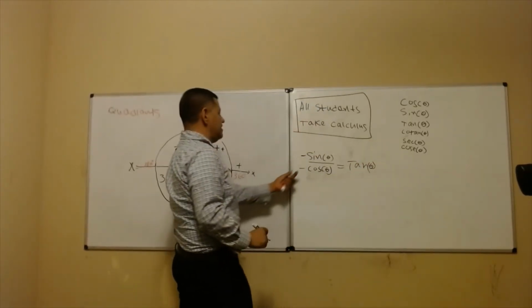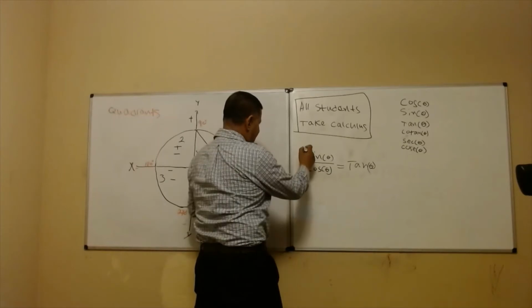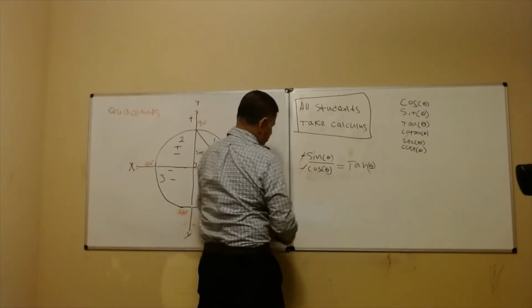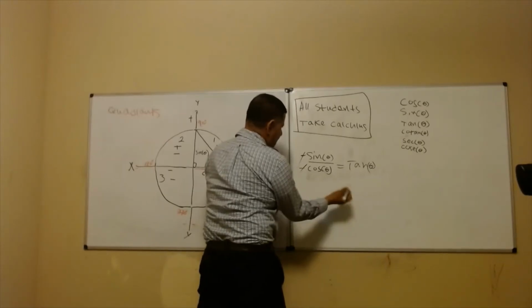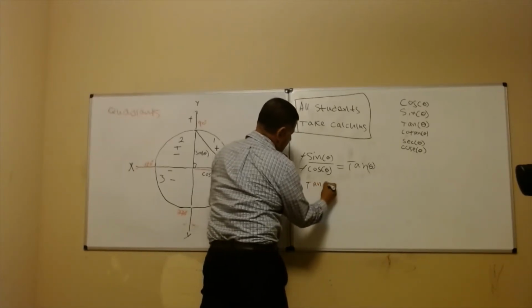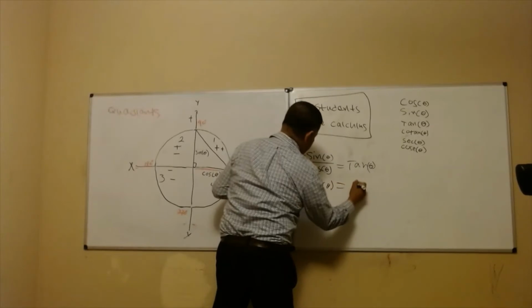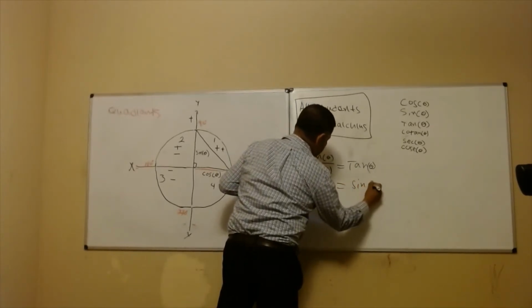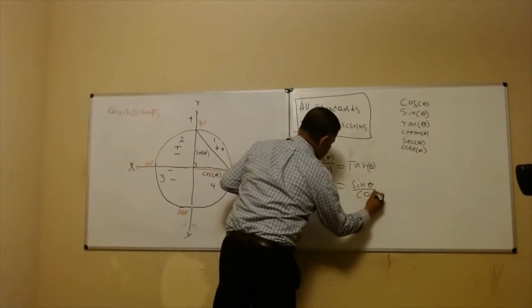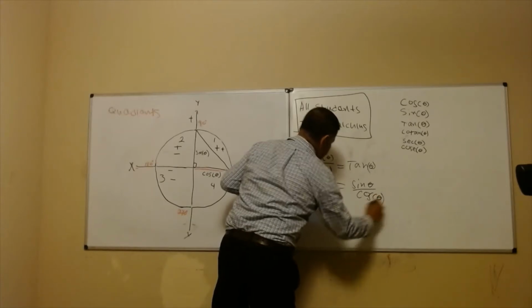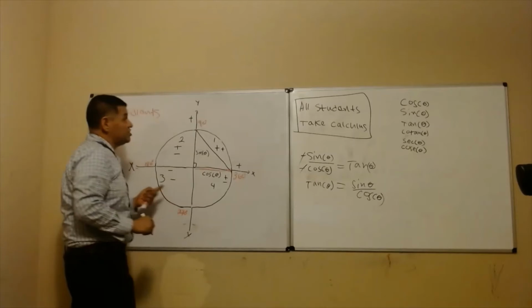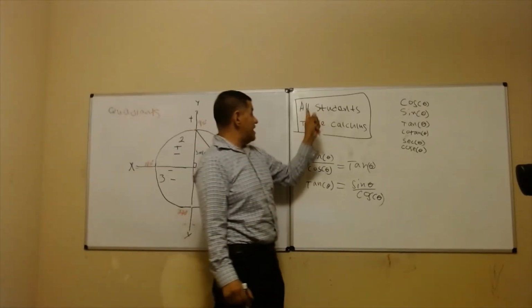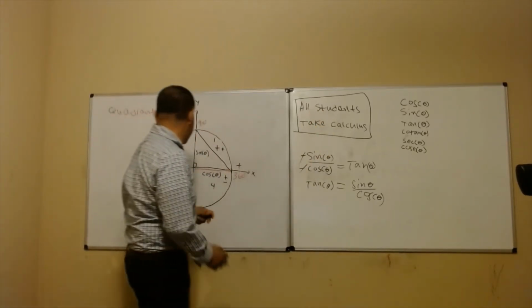If you cancel those out, those negatives go away. So then you got tangent of theta equal to sine of theta over cosine of theta. See that? So it's clear that here tangent is positive, right?